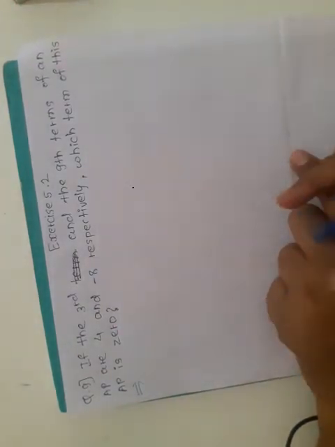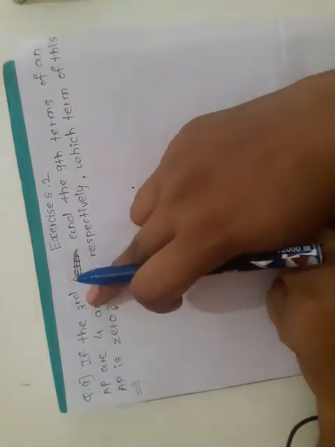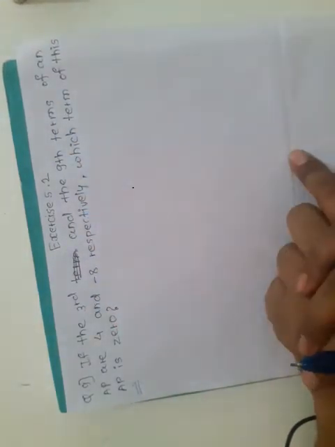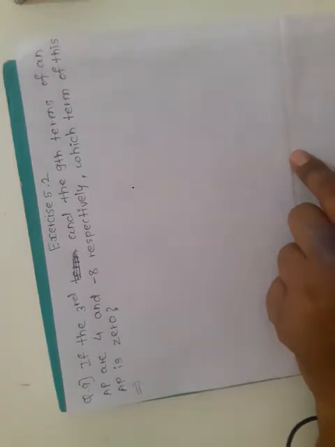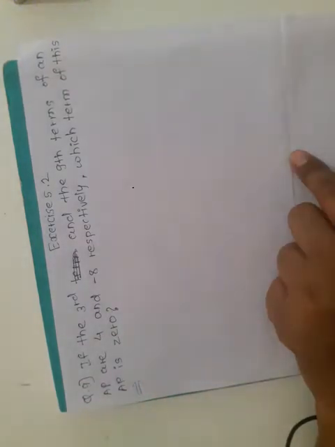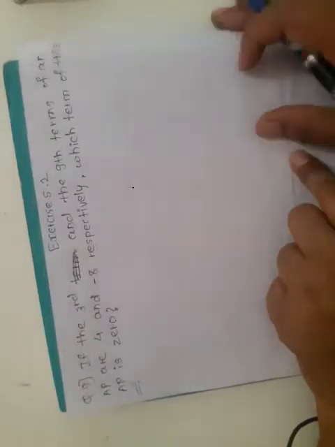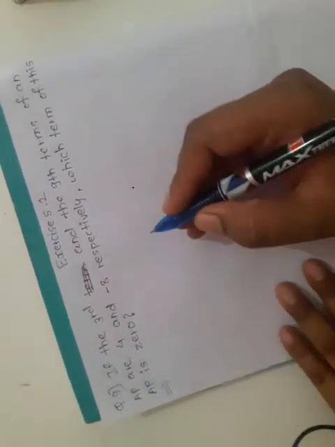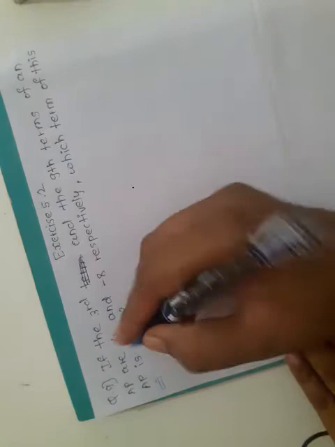Here the third term and ninth term are given, so using them, first find the first term and the common difference. Once we have them, we can easily find which term is 0. We don't know the term where 0 is present, so suppose that term is the nth term.